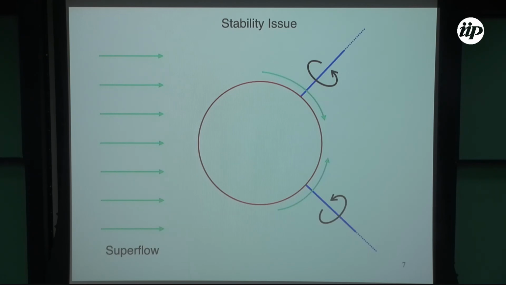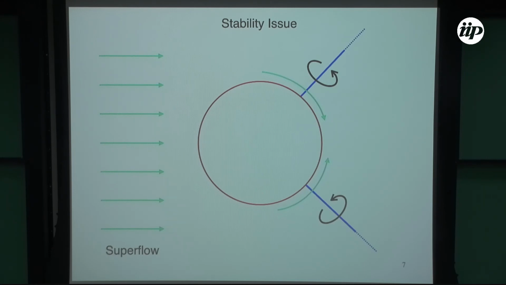So the vortex, by Kelvin's circulation theorem, will be advected towards the position near the stagnation point. They're going to get so close that eventually, probably, they're going to reconnect and be expelled from the particle. So from the fluid dynamics perspective, this configuration is not stable.